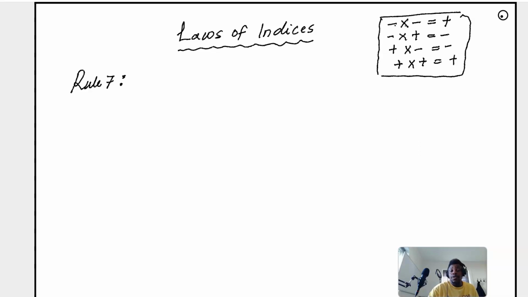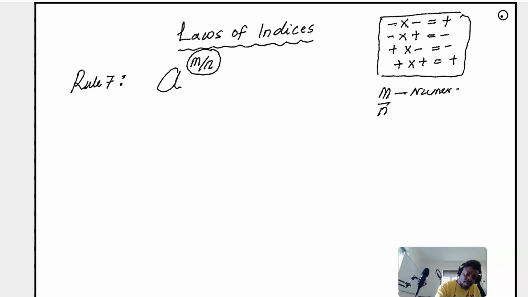Now, let's go to rule 7. A raised power m over n. You can see here, the power is a fractional power. Fraction simply means you have a numerator and you have a denominator.